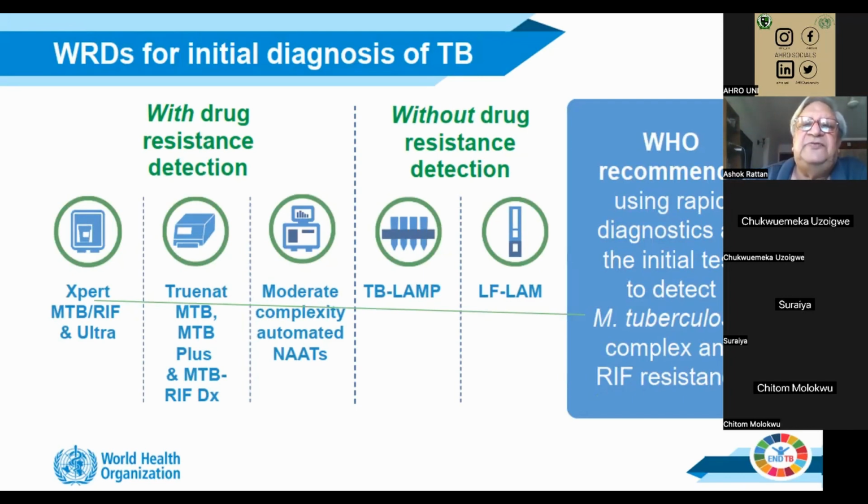Lateral flow lipoarabinomannan is a test which is done on the urine of a patient who is HIV positive to find out whether he is excreting a remnant of the cell wall of Mycobacterium tuberculosis.